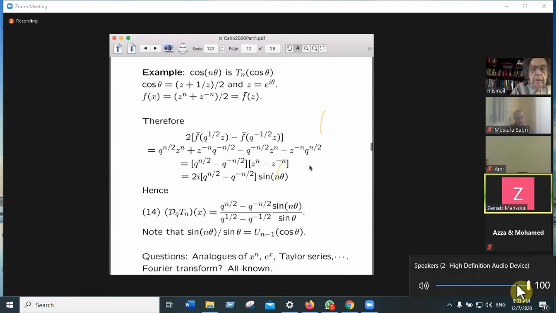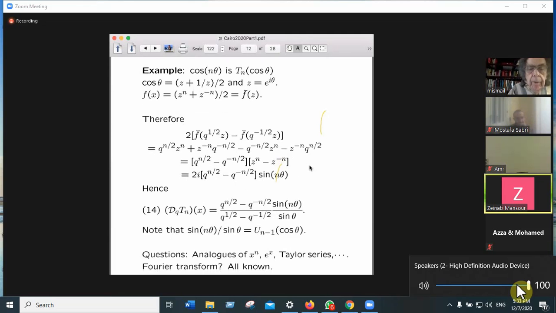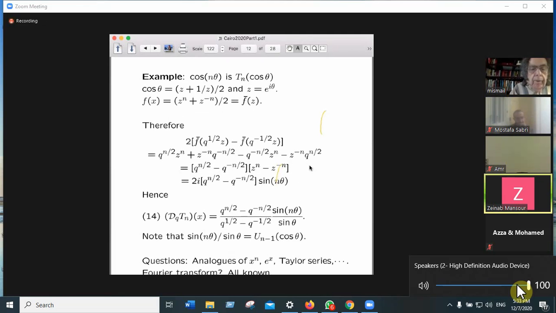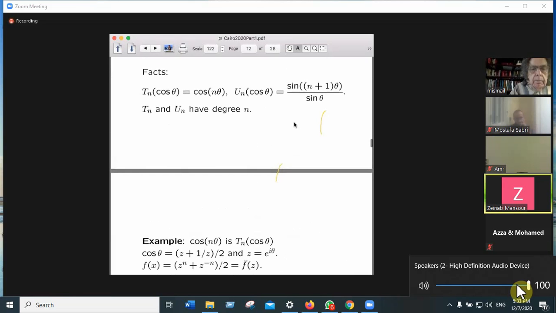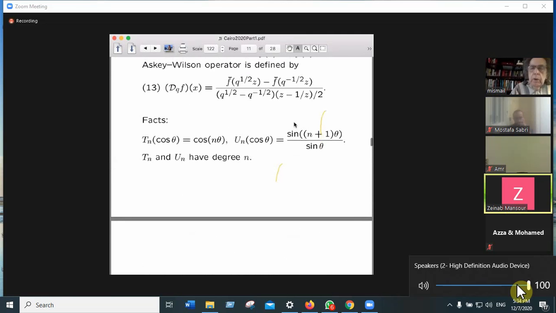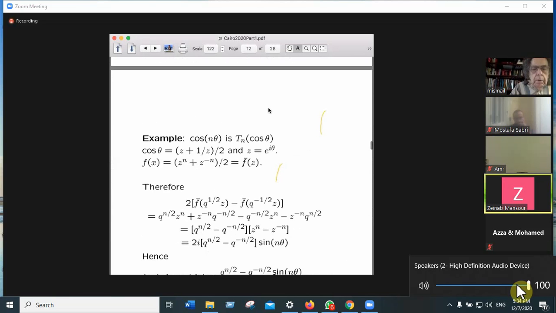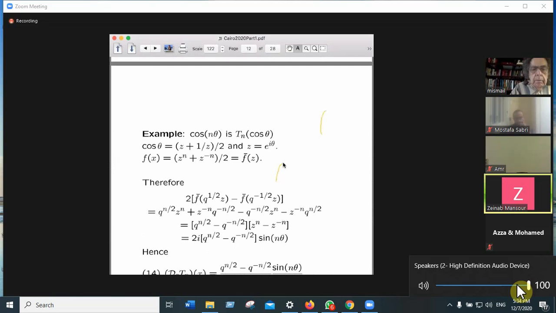Can I ask a question, please? Yeah. Actually, I don't understand the Askey-Wilson operator. In the first part, I understand that z is in the unit circle. No. z equal e to the i theta is in the unit circle. Oh, no, it's not. Who said theta is real? No, I am speaking about the next paper, please. Here, z equal e to the power i theta, so it is in the unit circle.